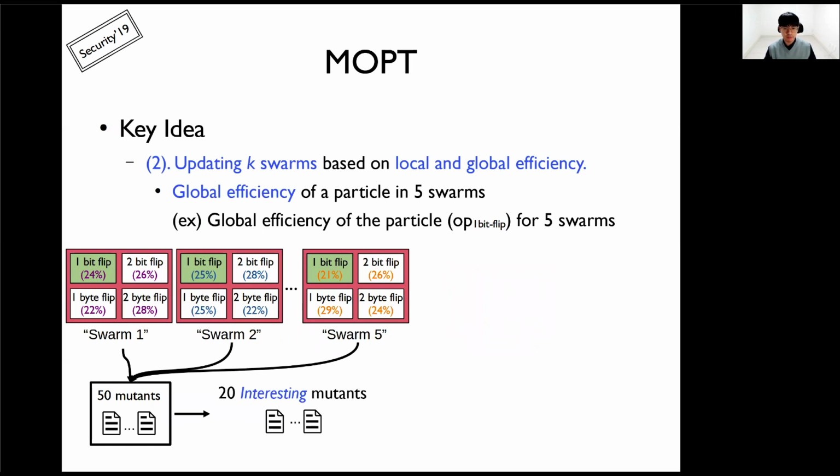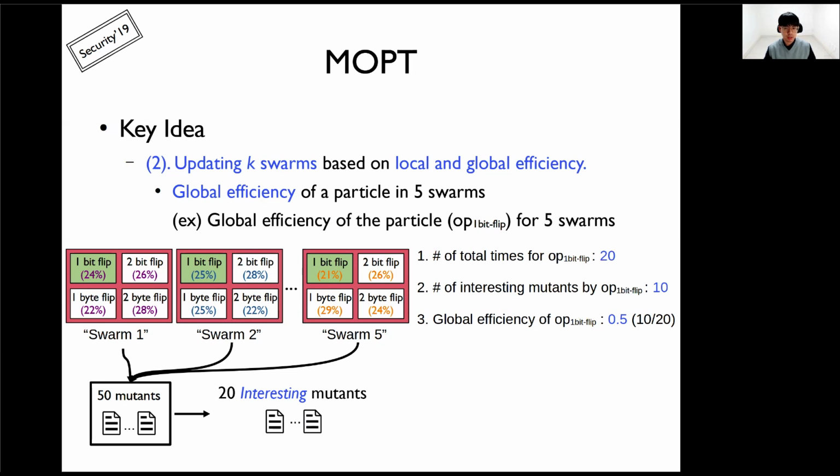Second, the global efficiency literally denotes the efficiency of each operator when considering all swarms, not considering each swarm. So for example, suppose that 50 mutants are generated from all the 5 swarms in total. And among them, 20 mutants are interesting.